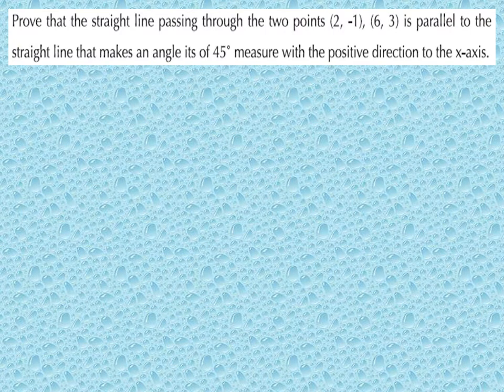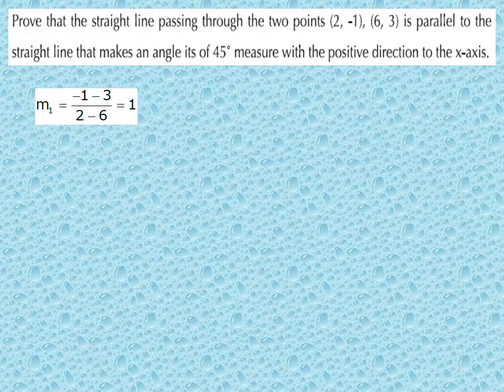Prove that the straight line passing through the 2 points (2, -1) and (6, 3) is parallel to the straight line that makes an angle of 45 degrees measure with the positive direction of the x-axis.